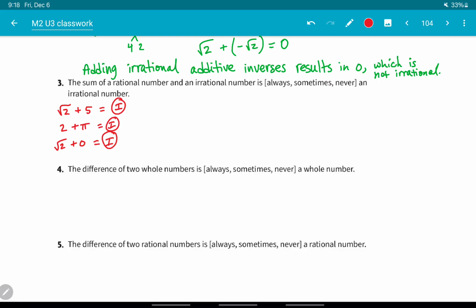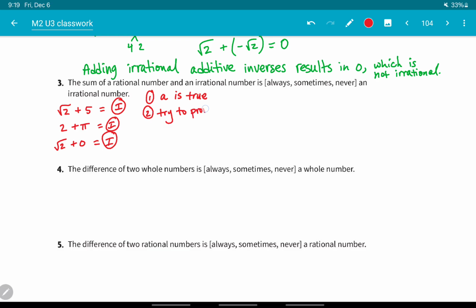So for this one, we're going to do a proof by contradiction. The way that a proof by contradiction works is you start out with some kind of statement, and let's call this statement A. If we think A is true, then the way that a proof by contradiction works is we try to prove the opposite of A is true.